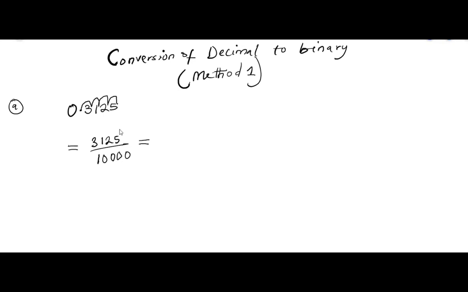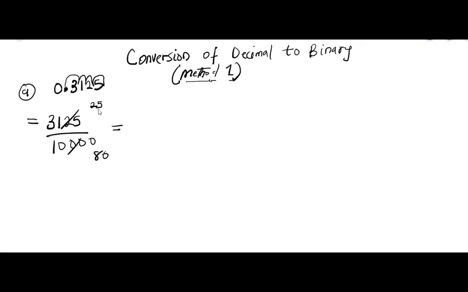So 125 will go into 3125 25 times. Then 125 will also go into 10,000 80 times, because 125 times 80 is 10,000 and 125 times 25 is 3125. We can also simplify this further.